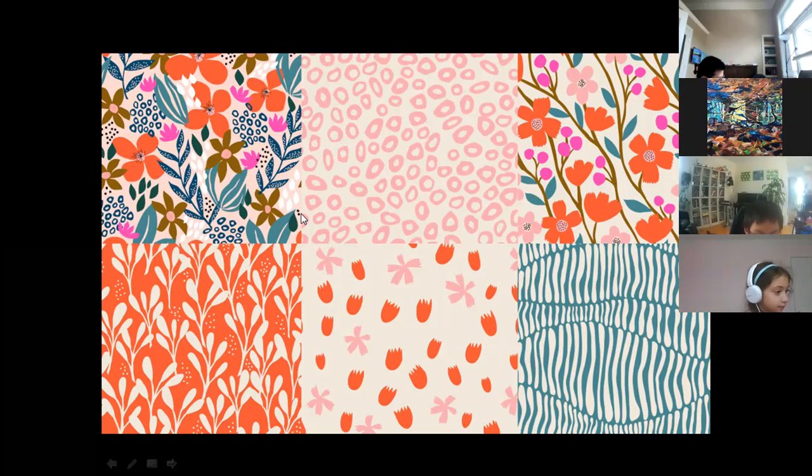That is the repetition, which means we repeat over and over the same element. For instance, in the first design, we see the repetition of some leaves, or some flowers with 4 petals, or just some simple decorations. On the rest 5 different pattern designs, the same thing happens.